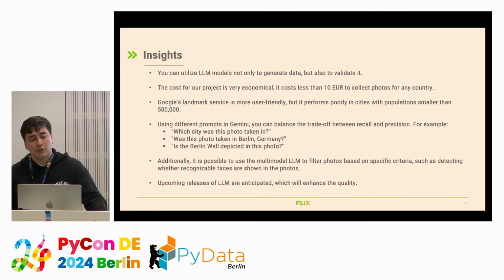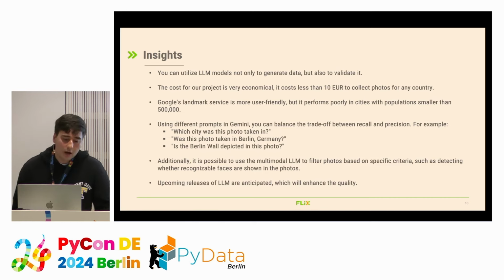At least for now, we use the first prompt because, as I said before, we cannot tolerate false positive results. So for us, it's okay. We can tolerate that we might not find photos for every city. But for us, the harm is much greater if we have false positive results.